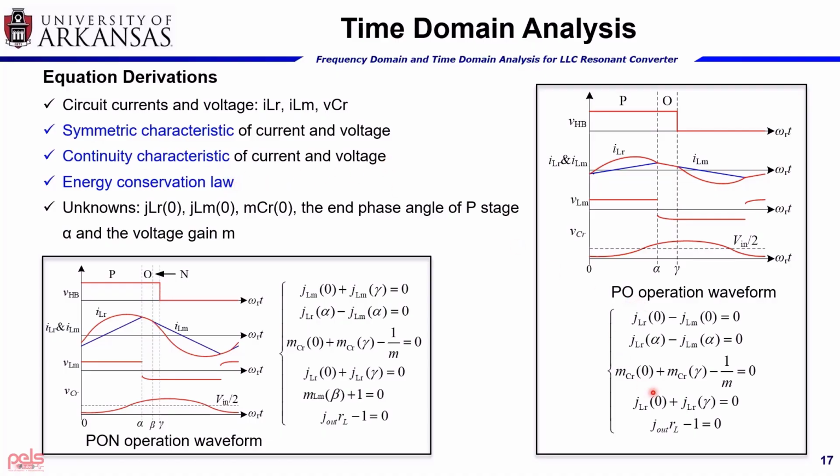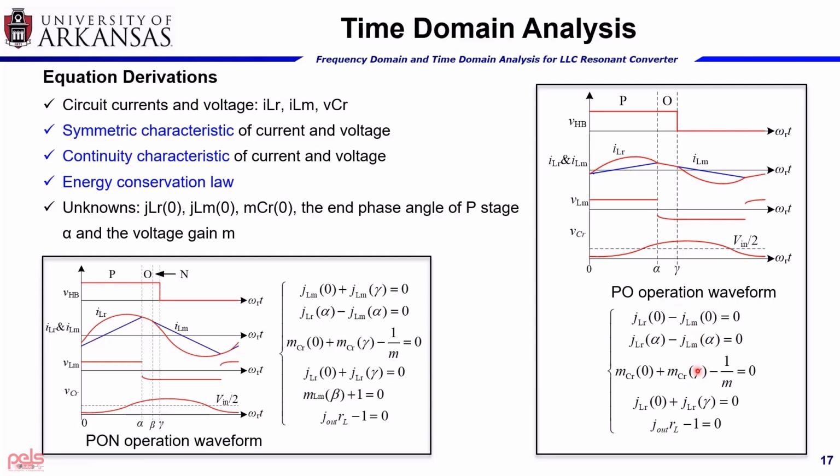If we look at these equations, the first equation tells us that initially the inductor current equals the magnetizing inductor current. The second equation tells us that at angle alpha, the inductor current equals the magnetizing inductor current.